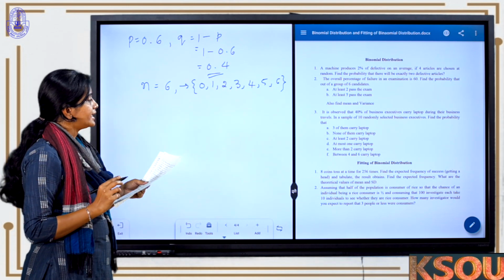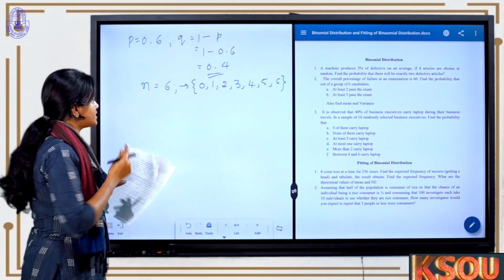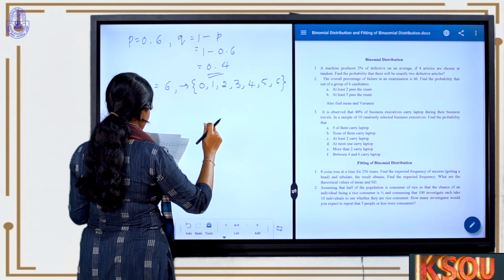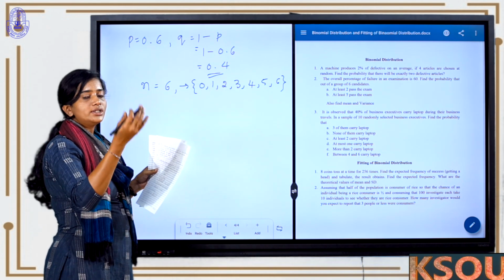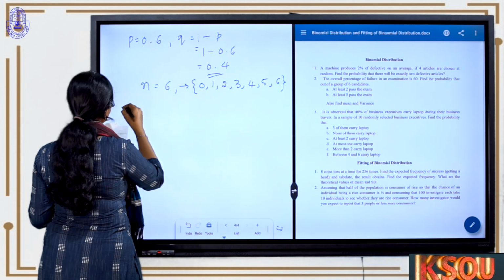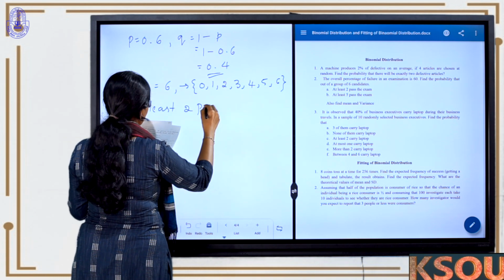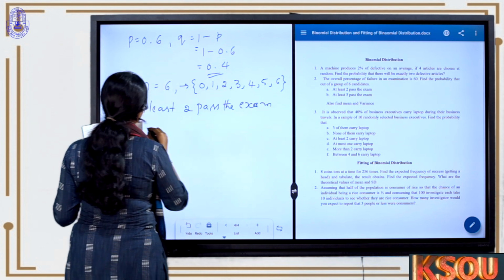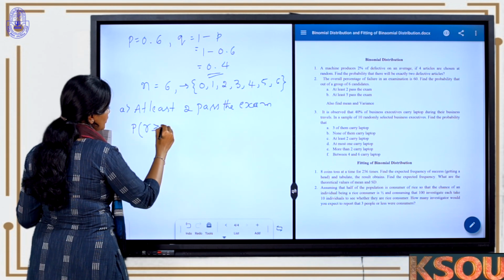Now what is the condition here? At least 2 pass the exam. At least 2 means either it might be 2 or more than 2. So at least 2 pass the exam means P of R should be equal to or more than 2.